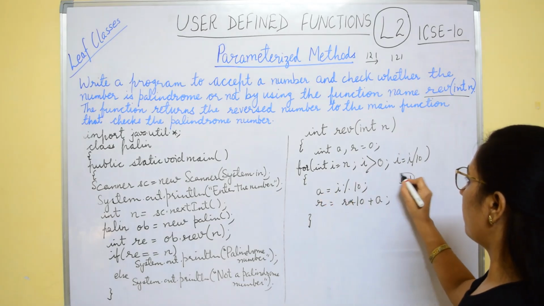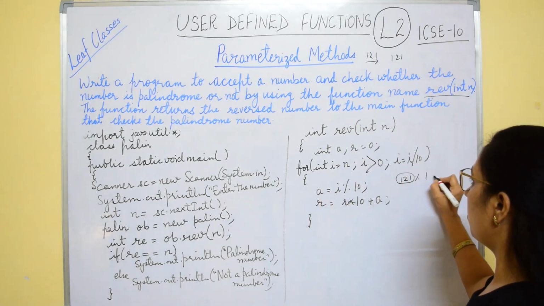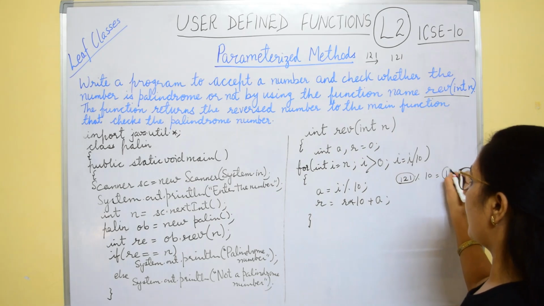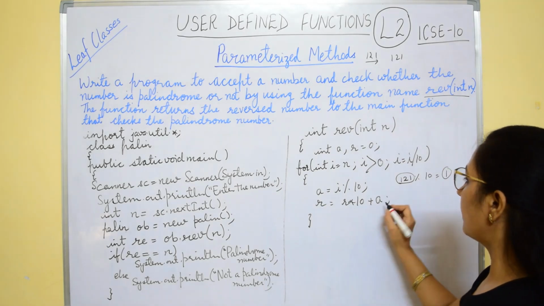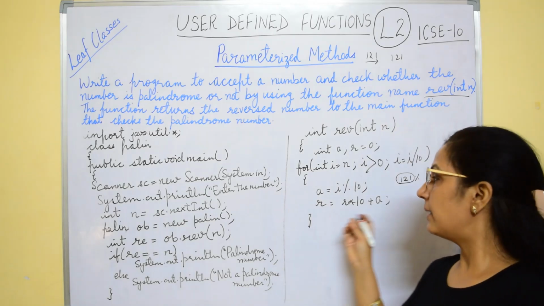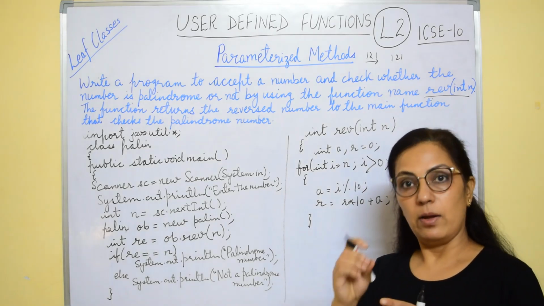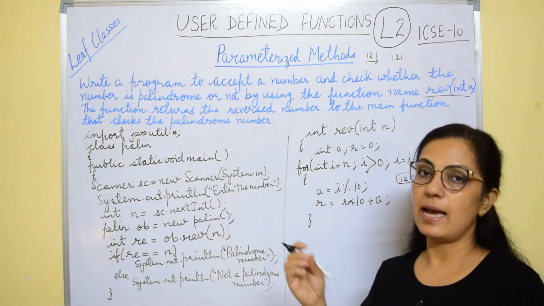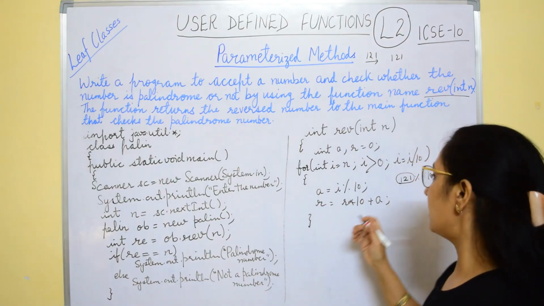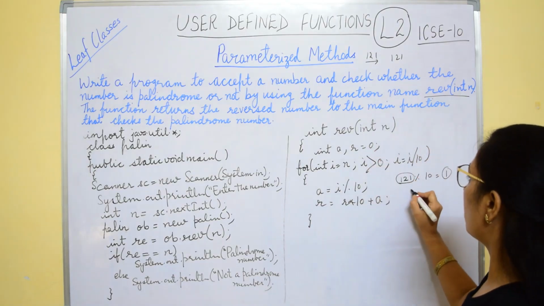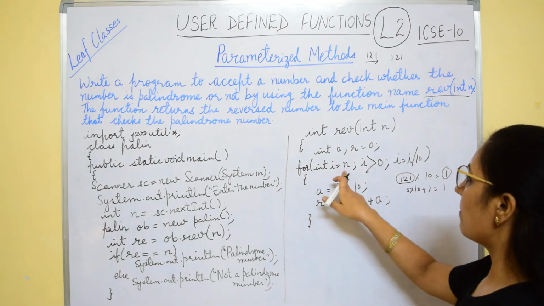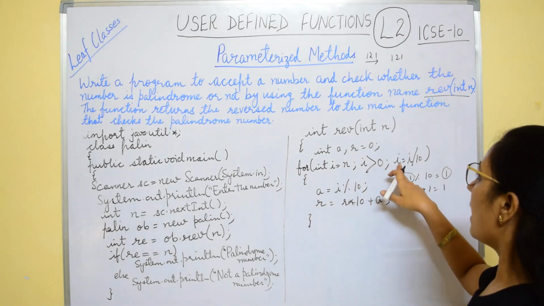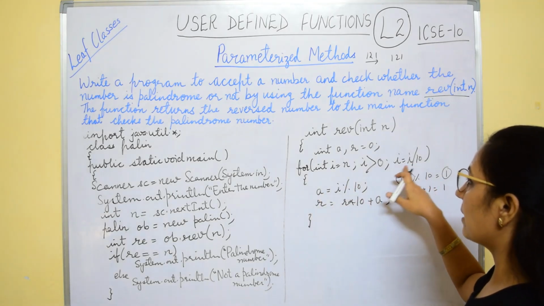So 121 mod 10 will give you 1, and then in our variable we are storing this 1 by 1. Multiplying by 10 will vacate the ones place and that number is added. So r * 10, it is 0 * 10 + 1, which will be 1. Next time i = 121 / 10, that is 12.